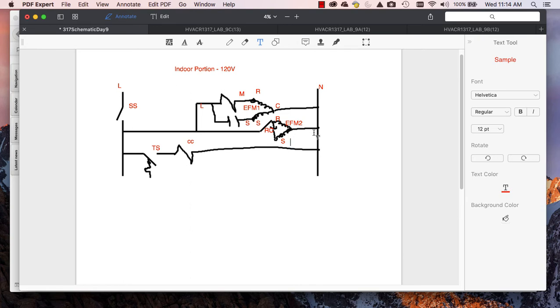And let's label that common. Okay, so that's my indoor portion.